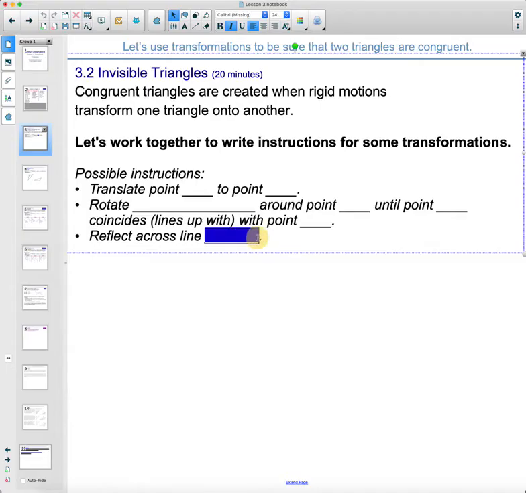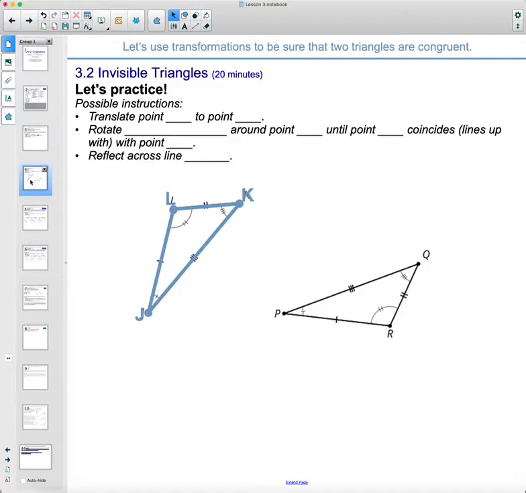And if you're doing a reflection, you need to name a line. So reflect over line AB or reflect across line PQ, something like that. So that's the language that you're going to be using in this activity.